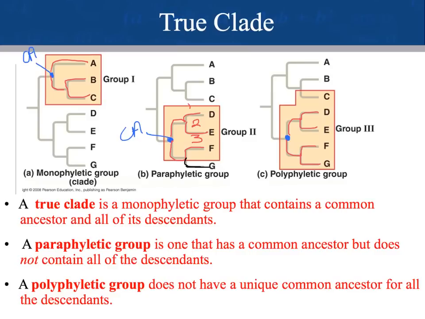But we've also included this guy here in this grouping. Well, he does not share lineage with them. This is their common ancestor, but this is not. This common ancestor here does not belong to him. He does not share lineage with the common ancestor of the other 4. So this would be a polyphyletic group, just meaning that these descendants originated from multiple ancestors or organisms.